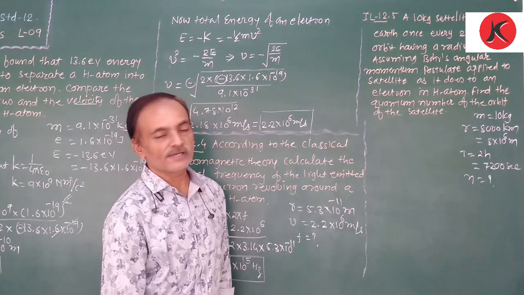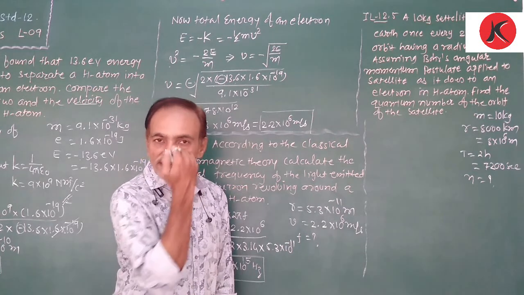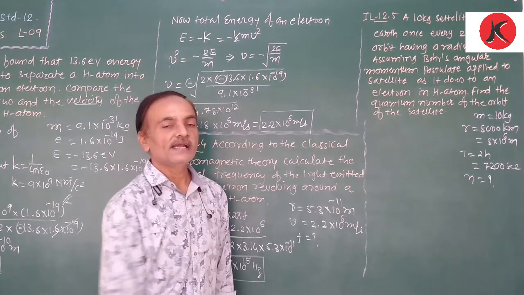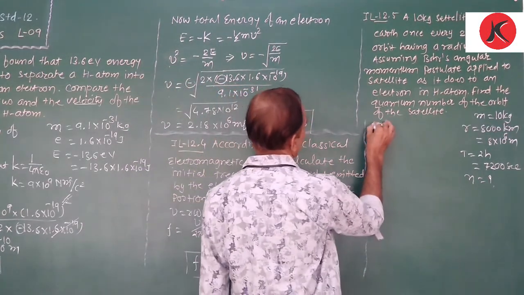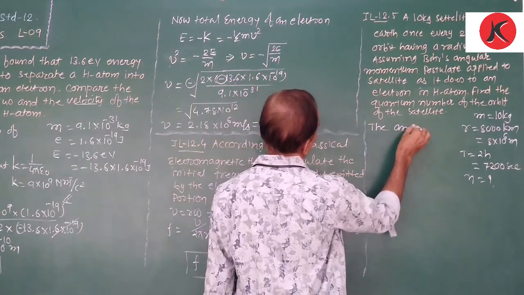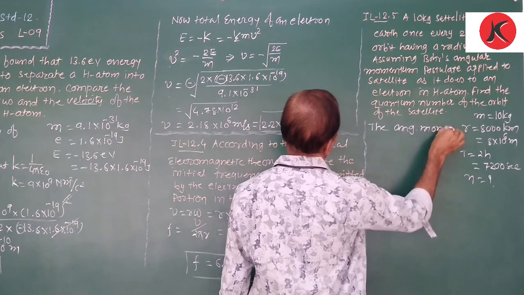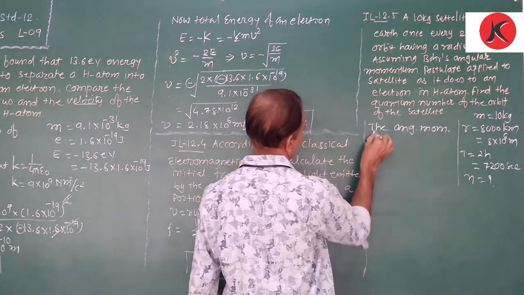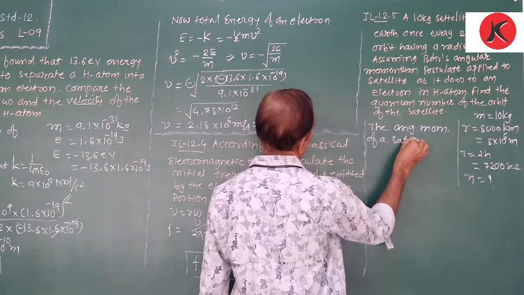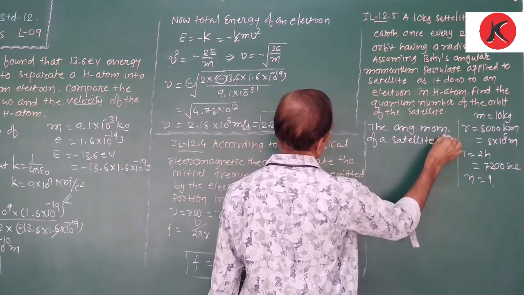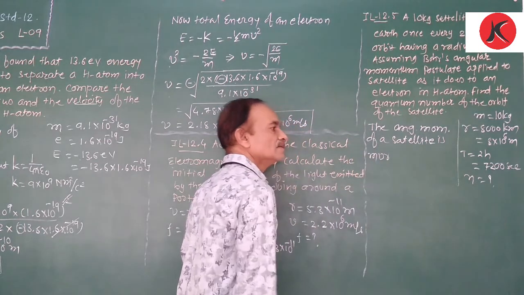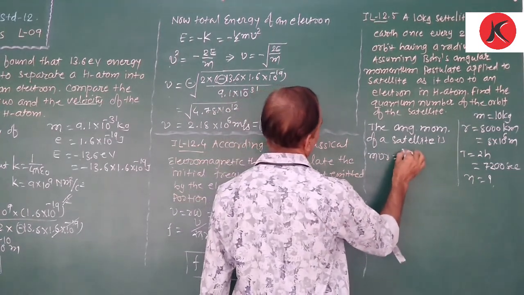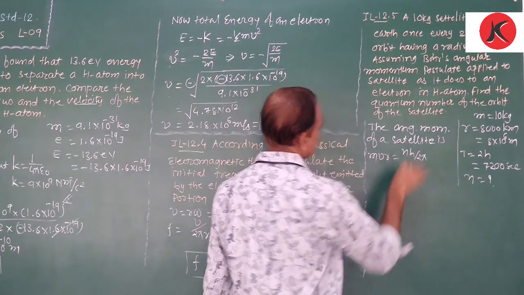Now from Bohr's angular momentum postulate, the angular momentum of the satellite must be an integral multiple of h upon 2 pi. The angular momentum of the satellite is m v r is equal to n h upon 2 pi.